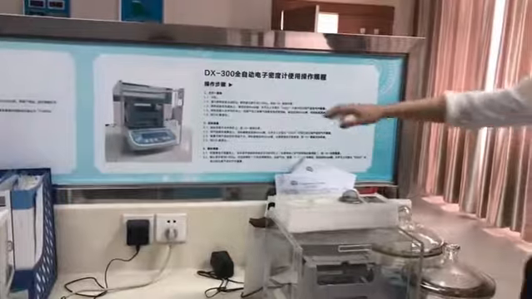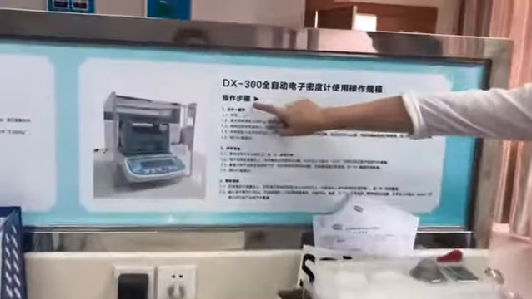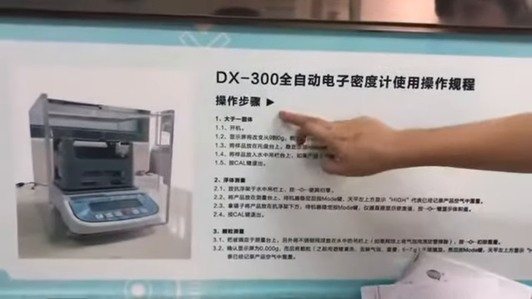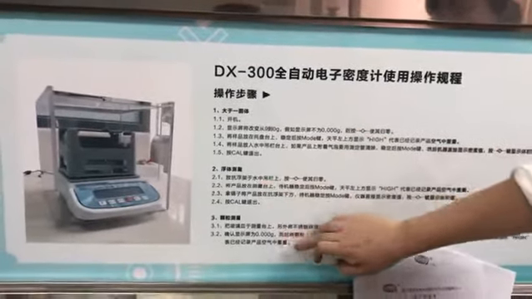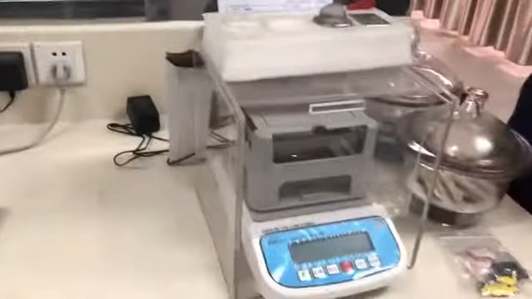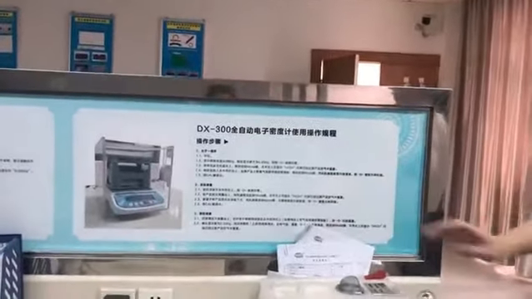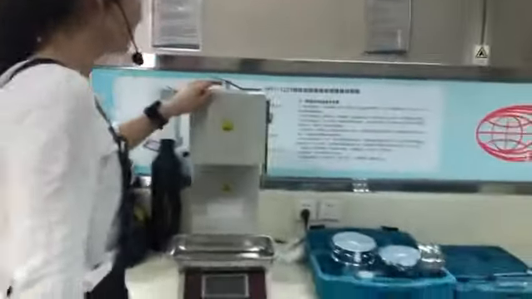So here are the procedures for the operation: first, second, and third. We give the operation structure and instructions, and our checkers will follow the instructions strictly.